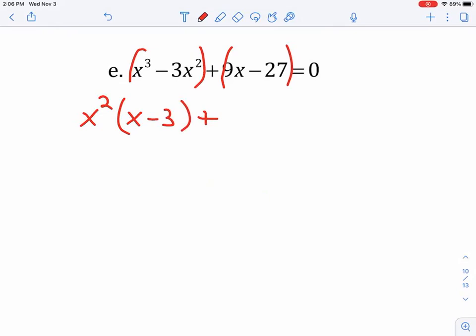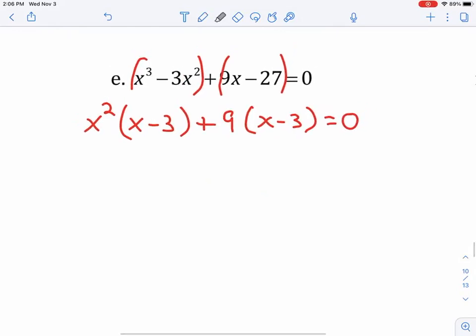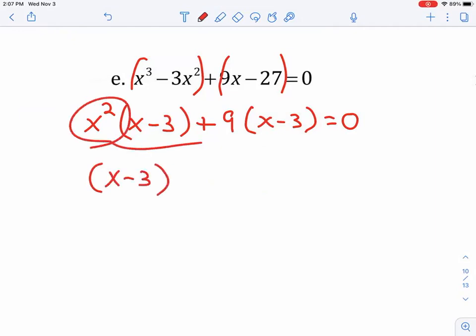And for the next one, I'm going to take a 9 out of there because that's my GCF. I get 9 times x minus 3. And now, because I have x minus 3 and x minus 3, I can factor those out front. And this becomes x minus 3 times my leftover stuff, which is x squared plus 9.